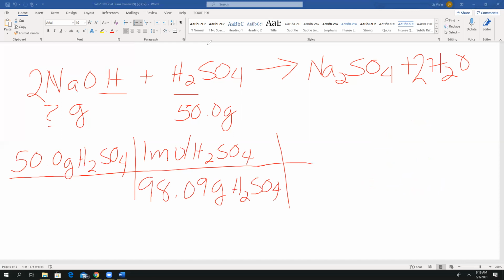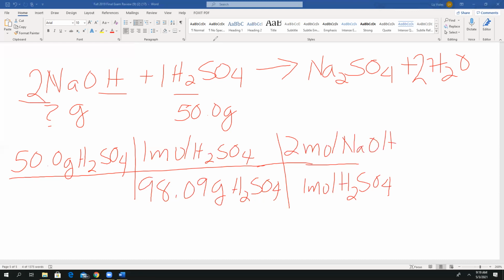Okay, so the next part is the molar ratio. There's 1 mole of H2SO4 for every 2 moles of sodium hydroxide. Now we need the molar mass of that.